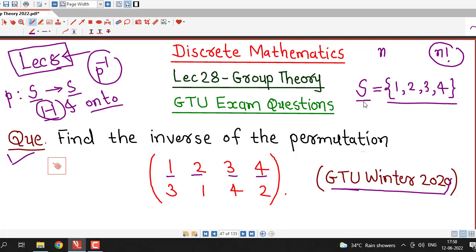So that set is important. If set has n elements, then there are n factorial permutations possible, and set of all permutations is denoted by Sn, and it is known as permutation group. We have already discussed about this permutation group in lecture number 8, so you should watch lecture number 8 first.